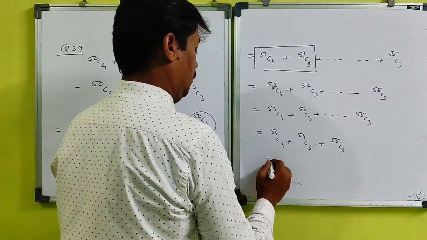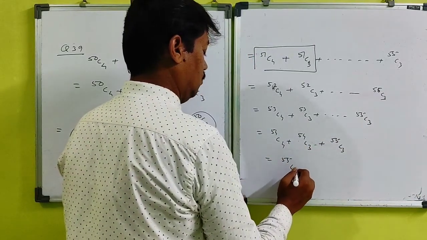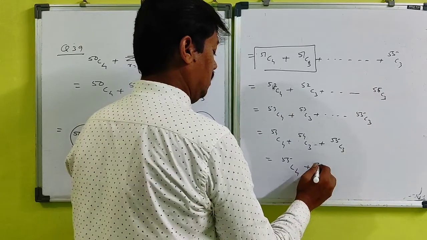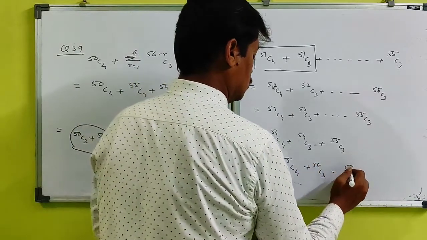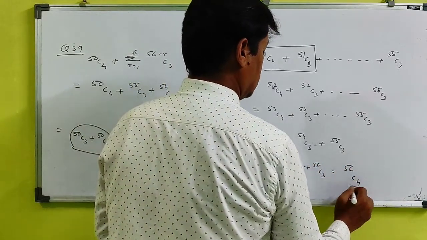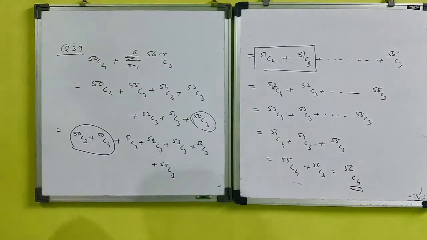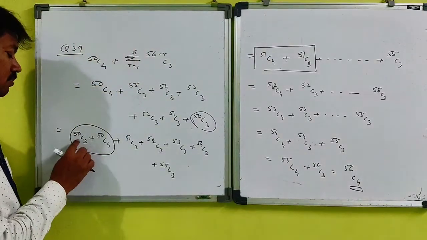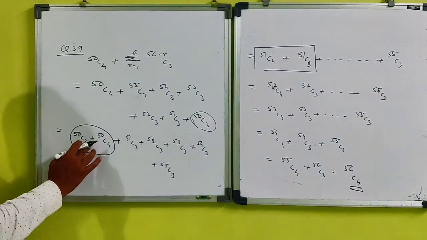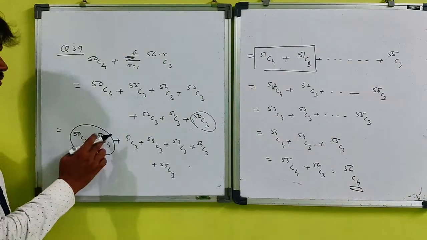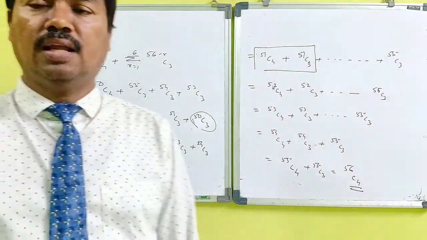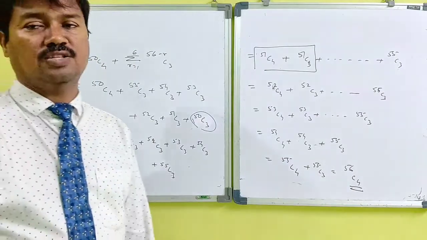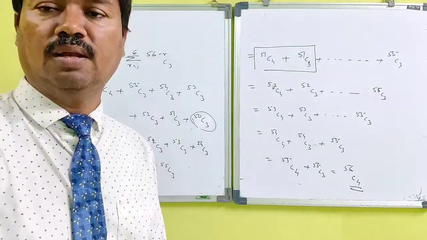So now this becomes 55C4 plus 55C3. So the final answer should be 56C4. We just use the same formula and same technique: consecutive coefficients are added like that. nCr minus 1 plus nCr is n plus 1 Cr, and using that formula we do this.